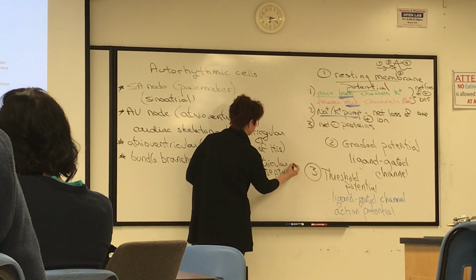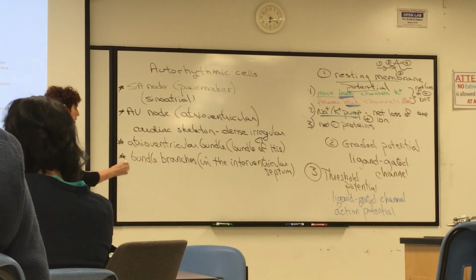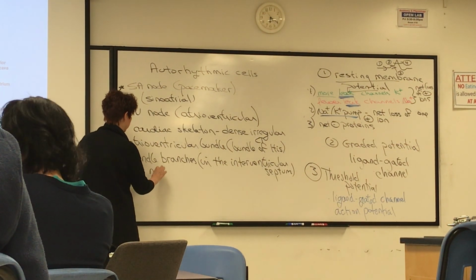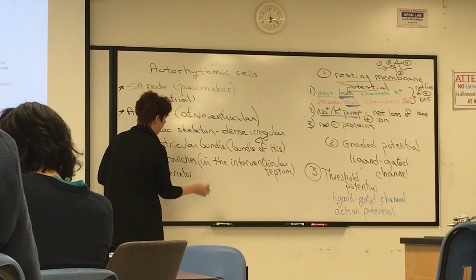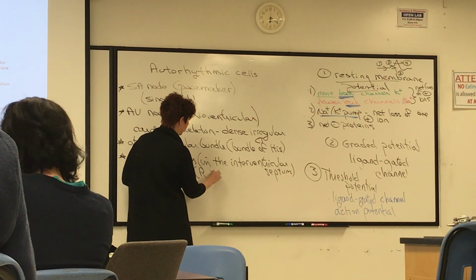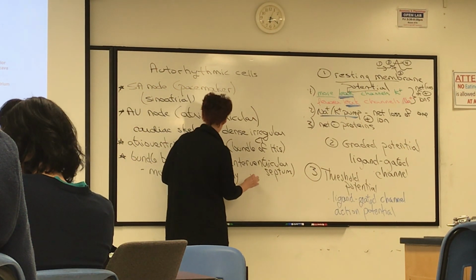That takes them down to the apex of the heart. However, off of the right bundle branch, we have the moderator band. And that takes it over to one of the right papillary muscles. Remember I said that was a special conductive tissue?